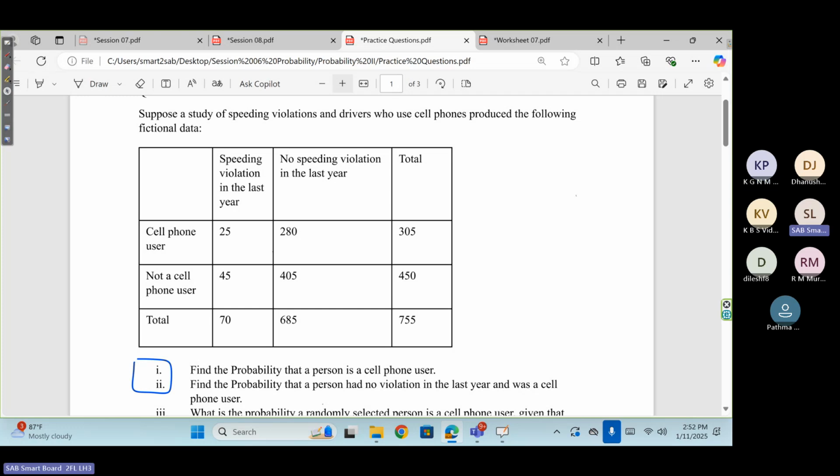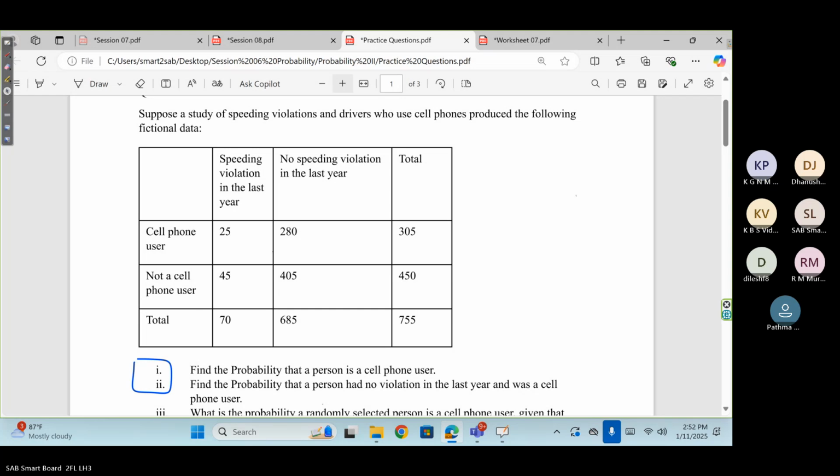Suppose a study of speeding violations and drivers who use cell phones produces the following fictional data. The first variable is cell phone user or non cell phone user. The second variable is speeding violation: the person had no speeding violation or had a speeding violation.